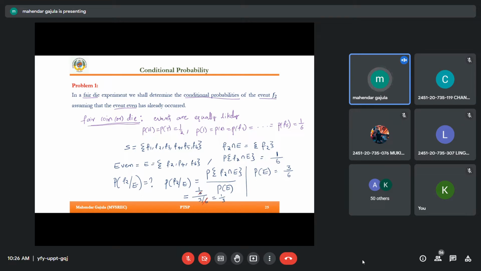Here I wrote events. It is better to write outcomes. Outcomes are equally likely.